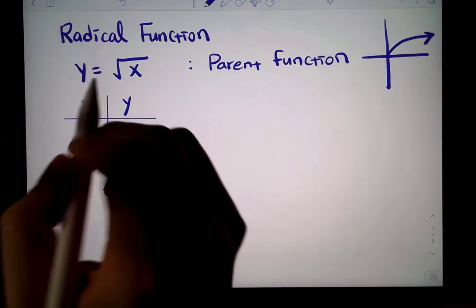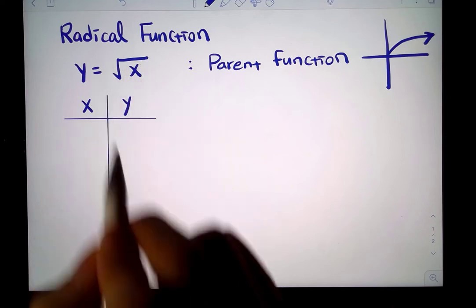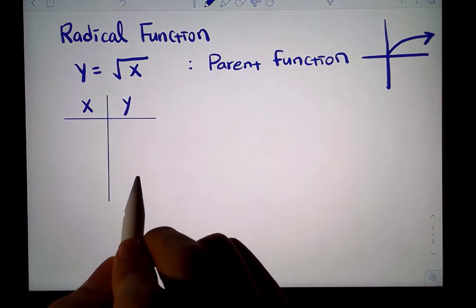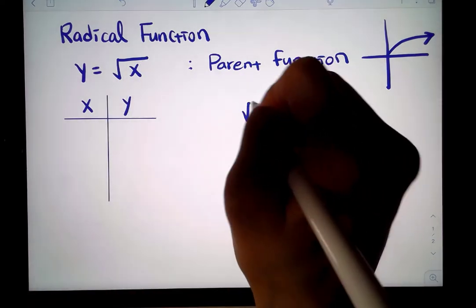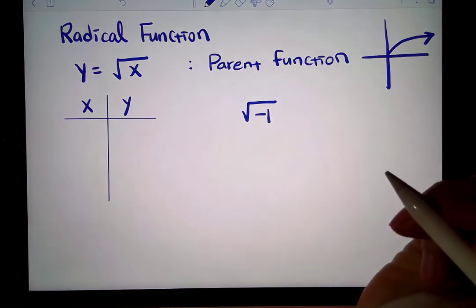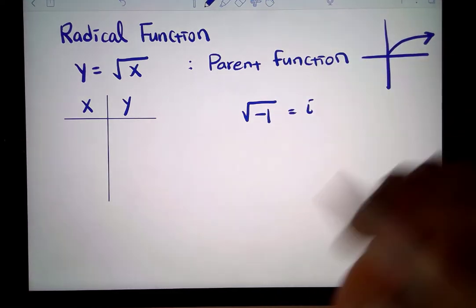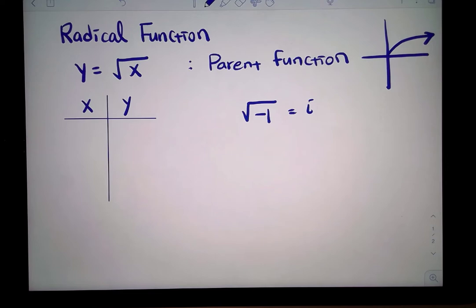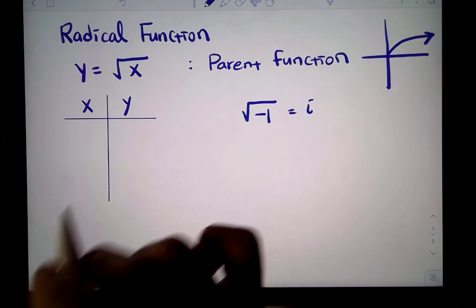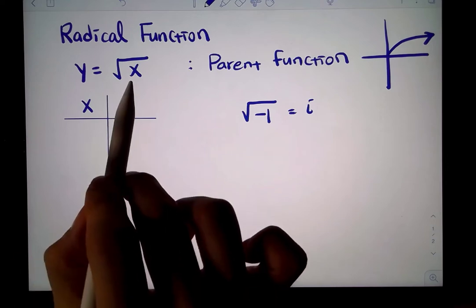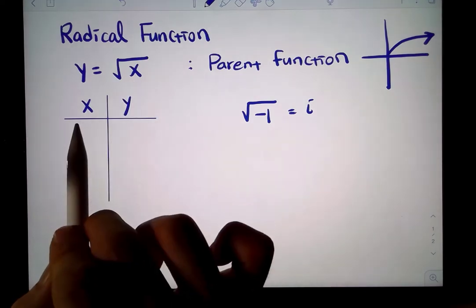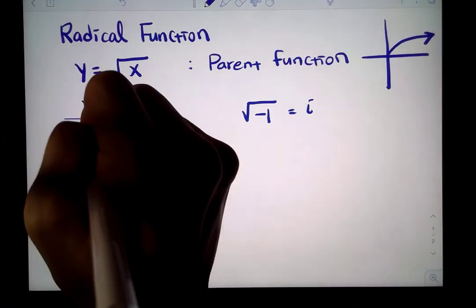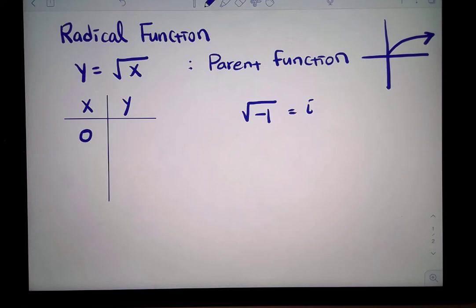All right, so guys, in the radical, we cannot have a negative number. Do you remember? If you get square root of -1, then what is it? That's i, imaginary number, right? So we cannot have negative, so the minimum value for the inside of the radical, your x value, is 0, because we can't have any negative value, right?